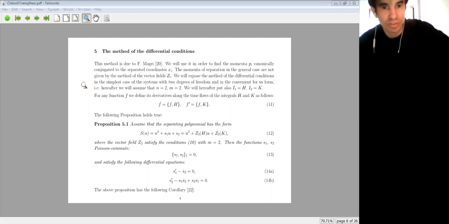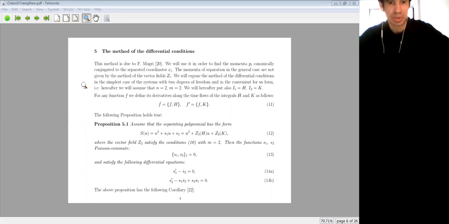The method of differential conditions was invented by Franco Magri relatively recently and is not yet published in complete generality. Franco also calls this method the method of Kovalevsky condition because he invented it studying the Kovalevsky integrable top.